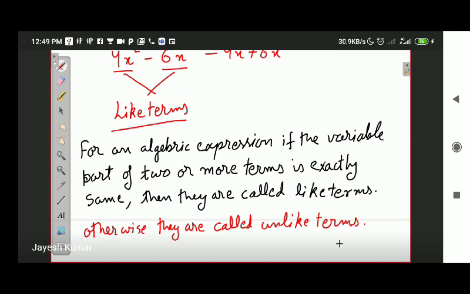Otherwise they are called unlike terms. Okay, so like terms are when the variable part is same.